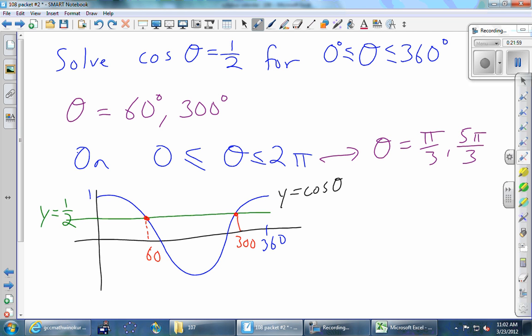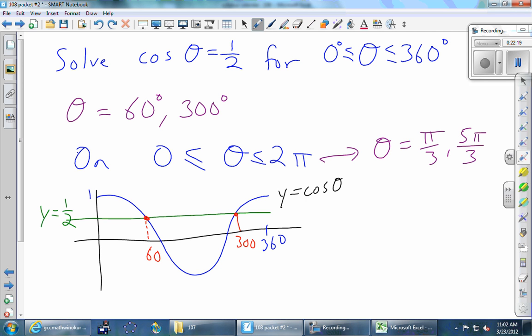Where is that line? It's way up here. How many solutions does that equation have? 0. So any number you pick between -1 and 1, 2 solutions. Pick -1 or 1, they're special. You might only have 1 solution. Anything bigger than 1 or smaller than -1, no solutions at all.